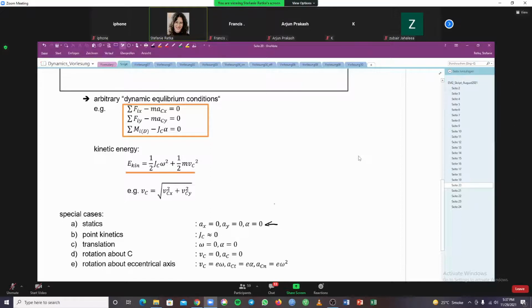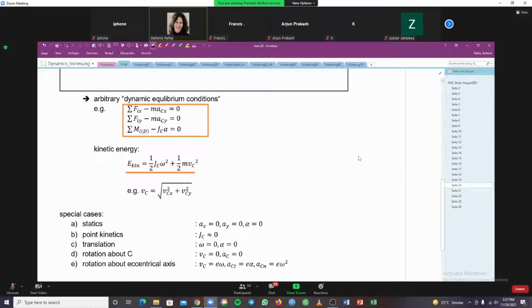Then the second special situation would be a point kinetics problem. A point mass has no spatial dimensions, and if there are no spatial dimensions, the mass moment of inertia is equal to 0, since in the integral of R squared dm, R would be 0.